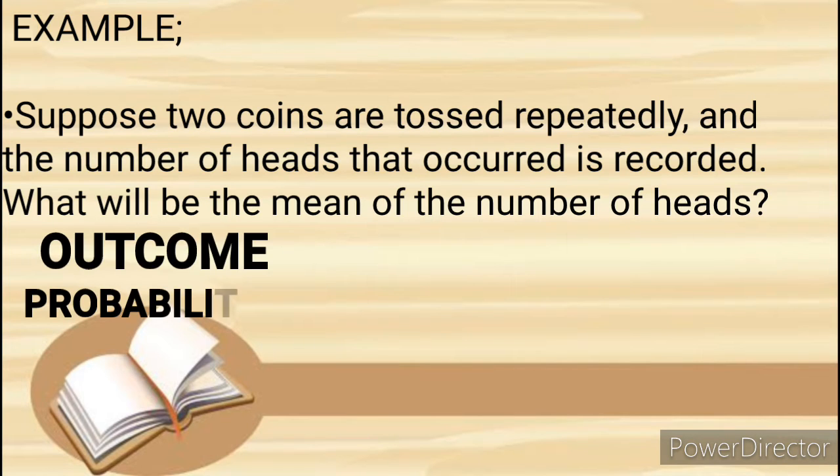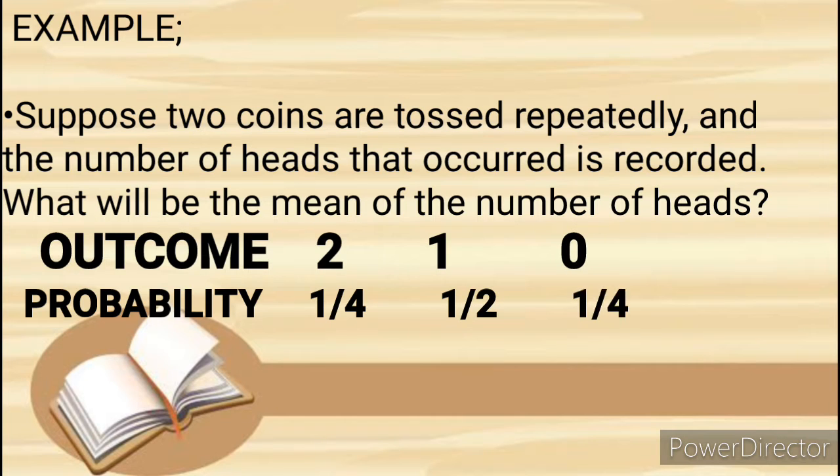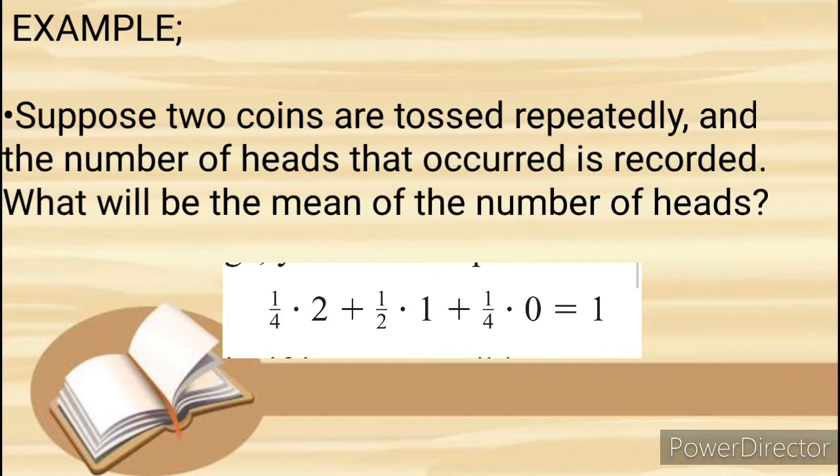In the long run, you would expect two heads to occur approximately 1/4 of the time, one head approximately 1/2 of the time, and no heads approximately 1/4 of the time. Hence, on average, you would expect the number of heads to be 1/4 multiplied by 2, plus 1/2 multiplied by 1, plus 1/4 multiplied by 0, which is equal to 1.